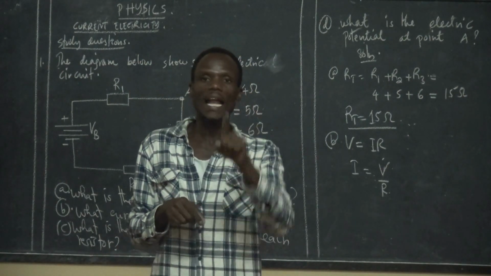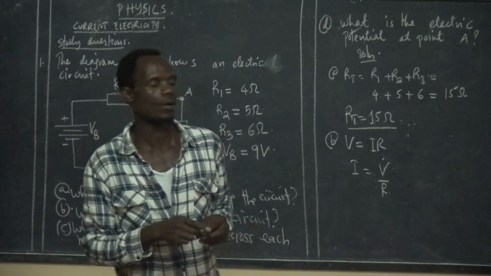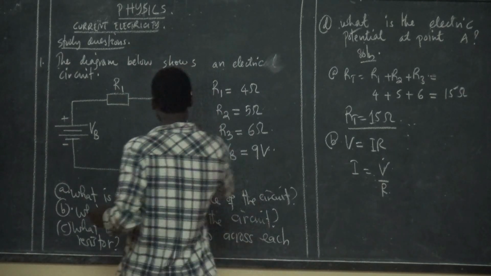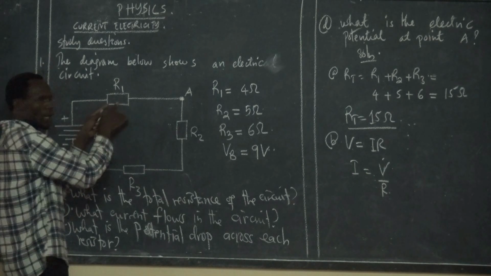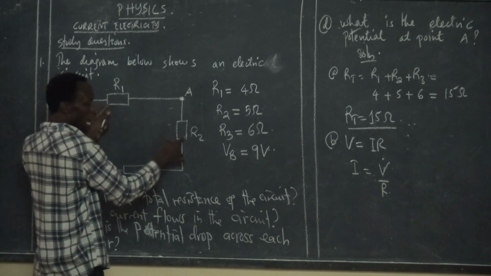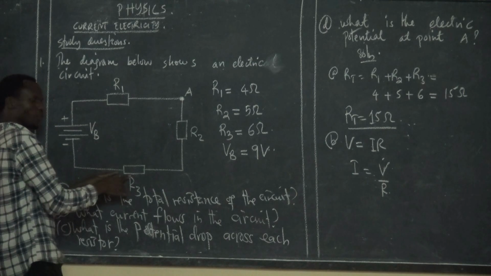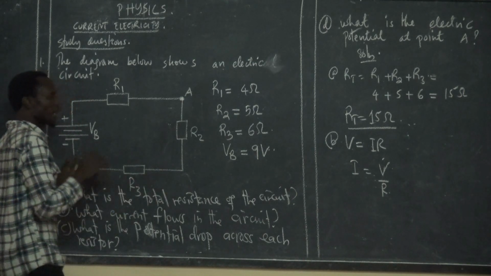Current at point A is the same as the current at R1, at R2, at R3. The current is the same.